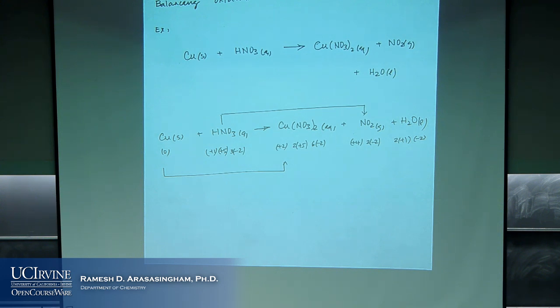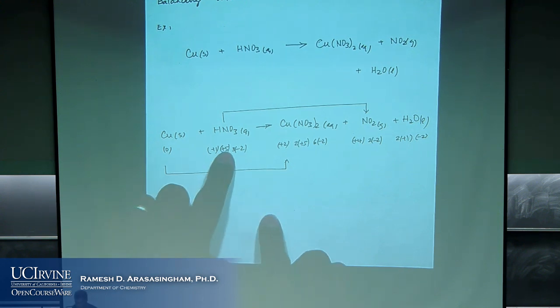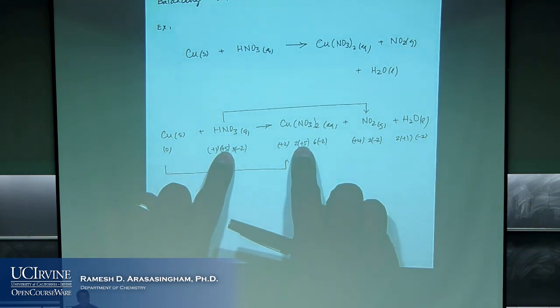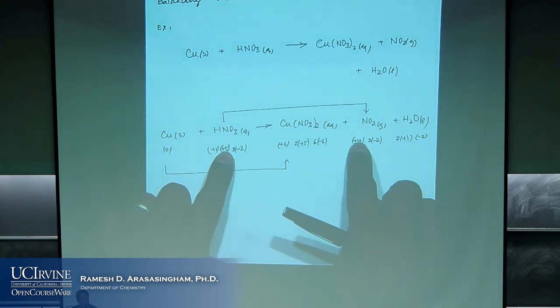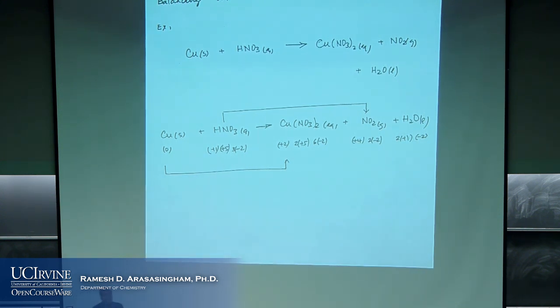This is why this equation is so hard to balance. Some of the NO3s, the nitrogen here has a +5 oxidation state. Some of them remain +5, and some of them go to +4. Therefore, we need to figure out how many of these actually change and how many don't change at all.